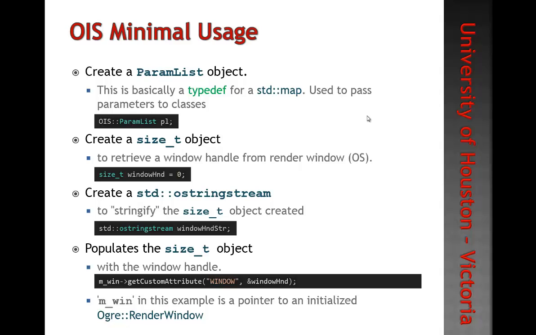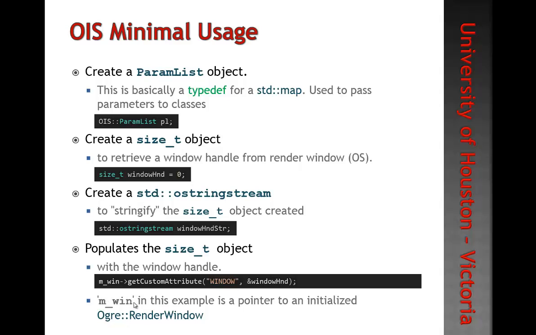Then we will populate the numeric window handle that we created. Basically, we will assign the window from our operating system, and then we associate its window value attribute to be the numeric size_t window handle that we just assigned.